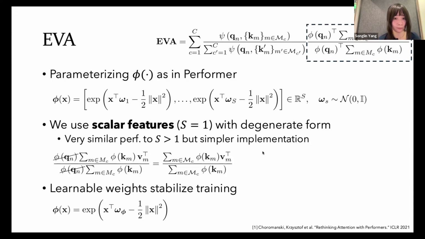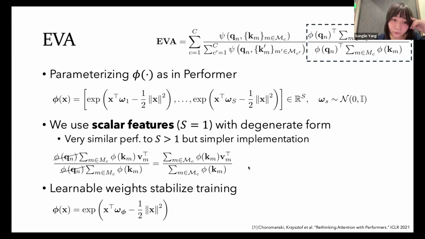This has an interesting implication: it leads to a degenerate form. When phi outputs a scalar value, all the information from queries cancels out, and the memory slots reduce to a simple weighted average of all value vectors. So you can store the entire memory slot with a vector of the same dimensionality as the value vectors, which is very cheap storage.